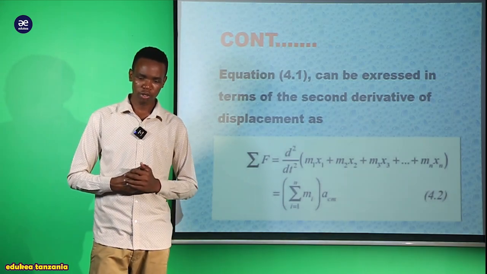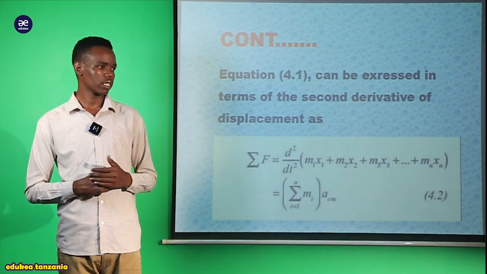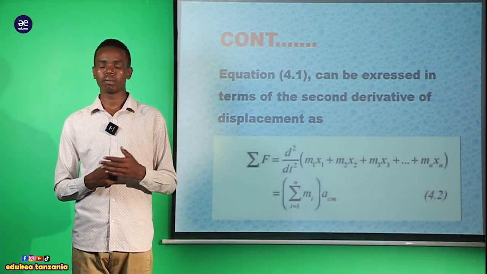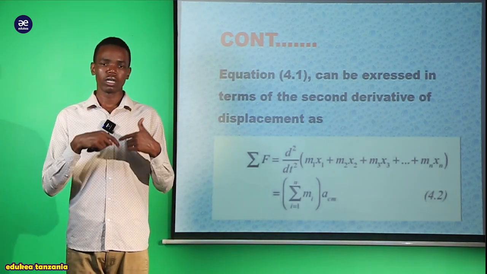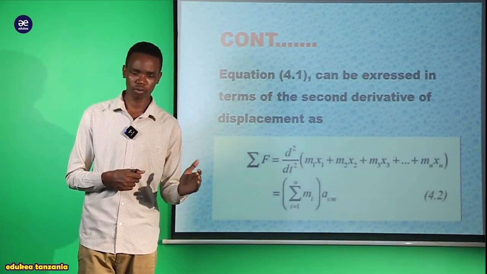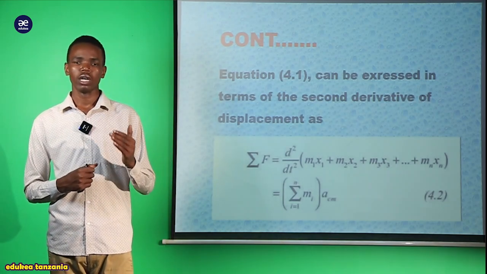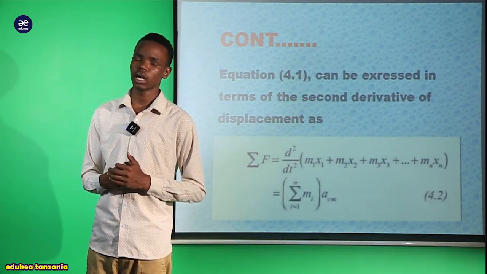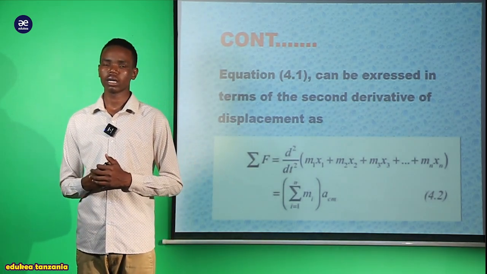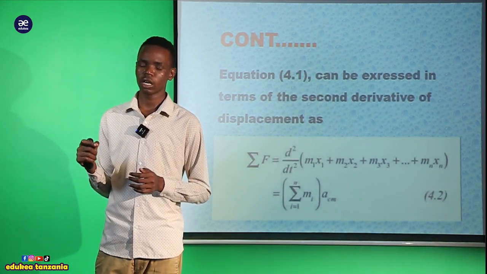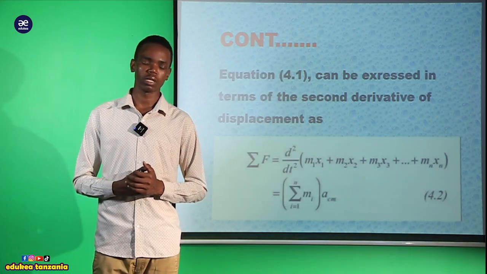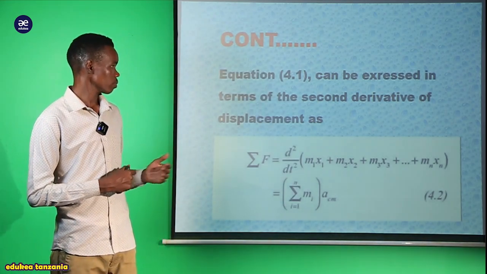After that, we substituted the value of the forces, and we said that force 1 must be represented by mass 1 times the acceleration. Overall, the force must be equal to mass 1 times the acceleration, then we add mass 2 times the acceleration, we add mass 3 times the acceleration, then we add dash, mass n times the acceleration.